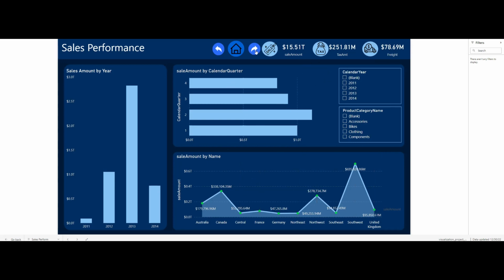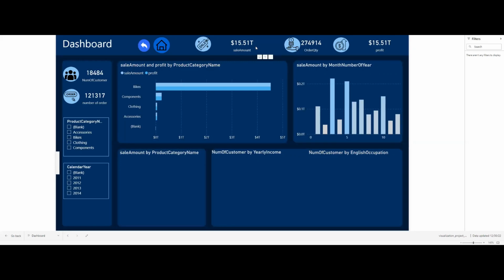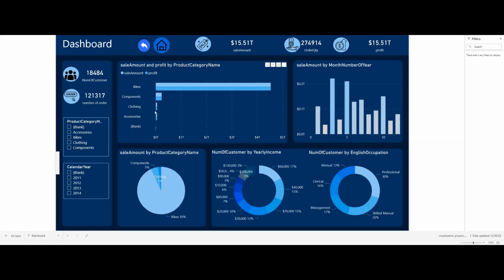And let's go to the final dashboard. In my dashboard, there are sales amount, order quantity, profit, number of customers, number of orders, and a slicer. And there is the sales amount by month and profit by product category name.